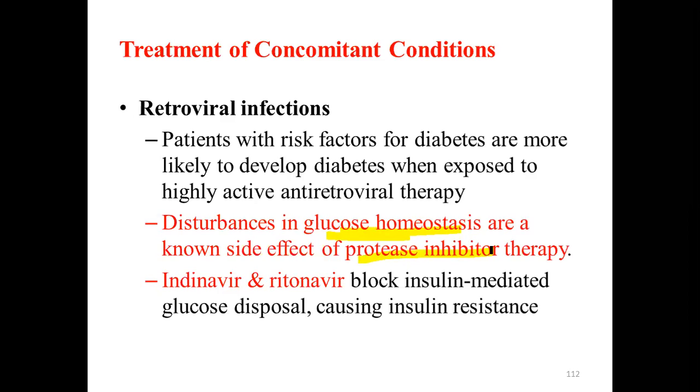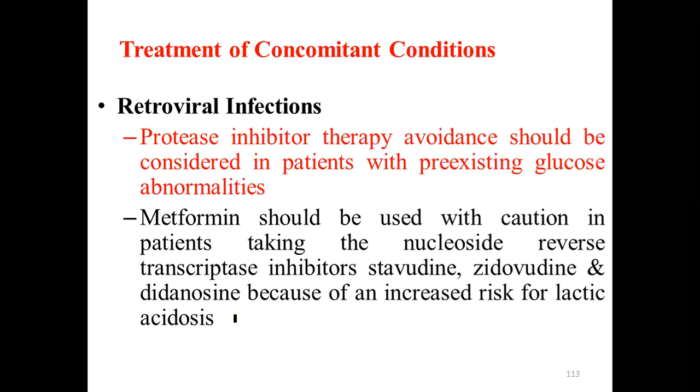Because of that, when a patient has DM with HIV infection, try to avoid any protease enzyme inhibitor. I think that is the whole message of this slide. So avoid protease inhibitors because they can even cause insulin resistance.